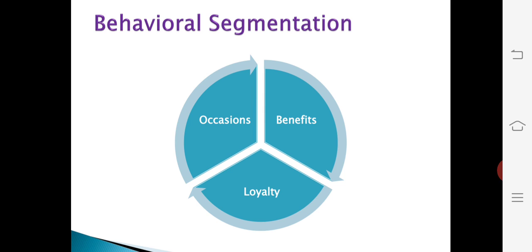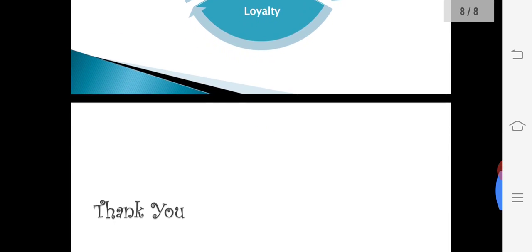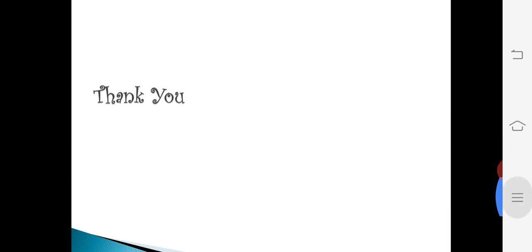Nowadays marketers also focus on the loyalty of customers. Just as a person wants his or her partner to be loyal, marketers also want their customers to be loyal, and that's why they use varieties of strategies. It's very interesting. That is market segmentation.